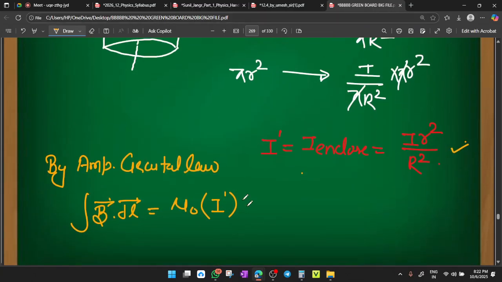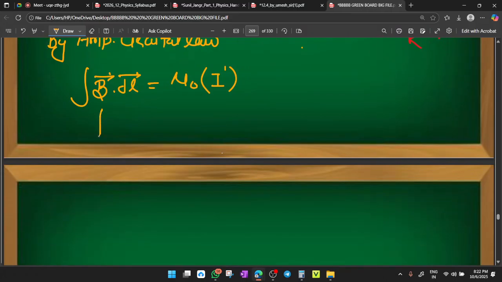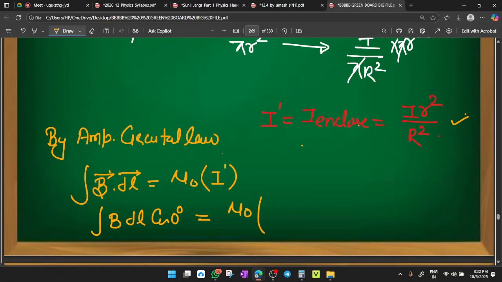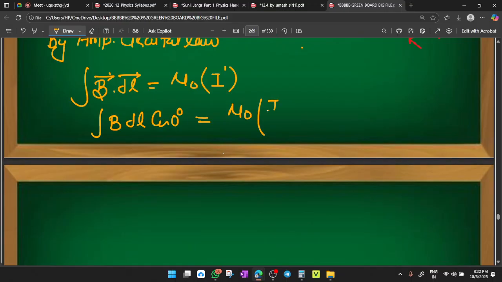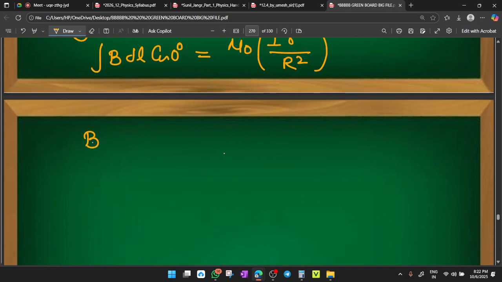So B dot dl, the same process as before: mod A, mod B, cos theta, with 0 degree angle, and mu naught into I dash. Place the value of I dash, which equals I small r square upon capital R square. Now B comes outside, the integral of dl remains, and cos 0 becomes 1, so no need to write that. Mu naught I small r square upon capital R square.